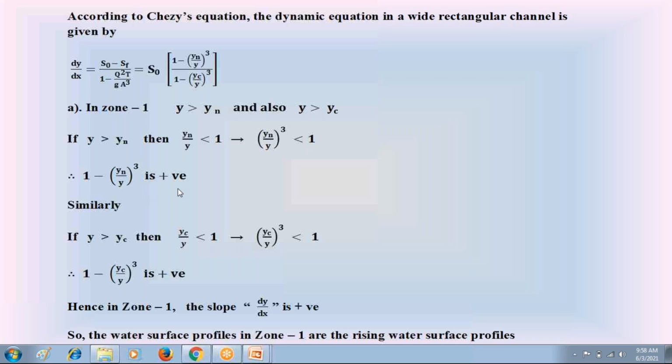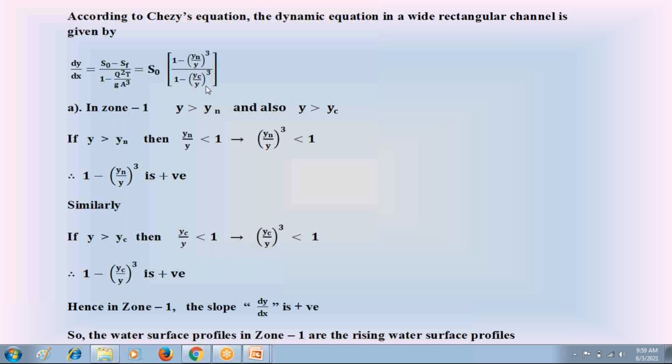So in zone 1, if Y is greater than Yn, Yn by Y is less than 1, (Yn by Y) whole cube is also less than 1. So 1 minus (Yn by Y) whole cube is positive. So this numerator in zone 1 is positive.